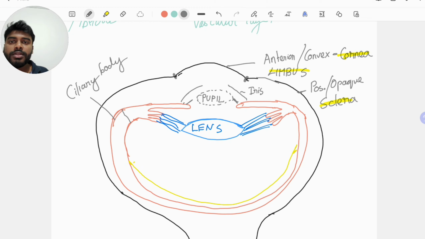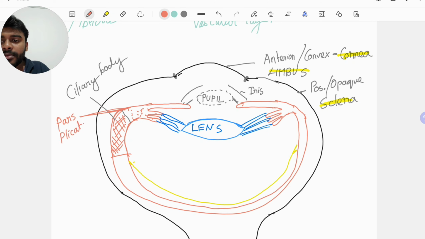Next to the iris and pupil is the ciliary body. The ciliary body is further divided into two parts. The one with the plicae-like structure, the anterior part, is called the pars plicata.